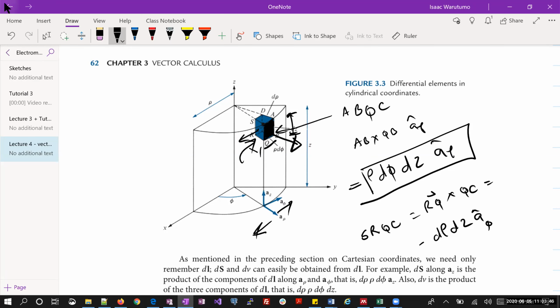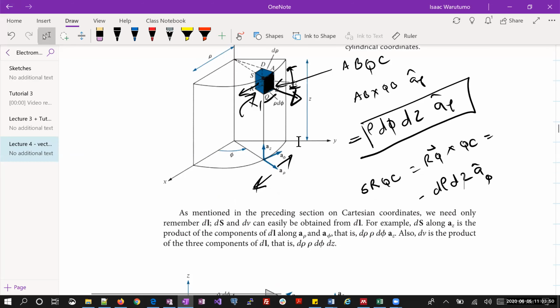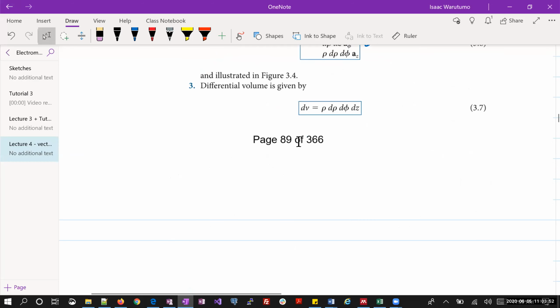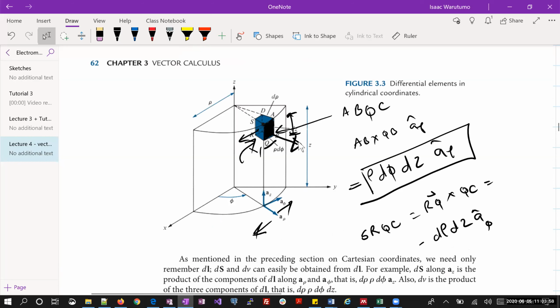So what we are saying is that the one on this side would simply represent this, except that it does not have the negative sign.